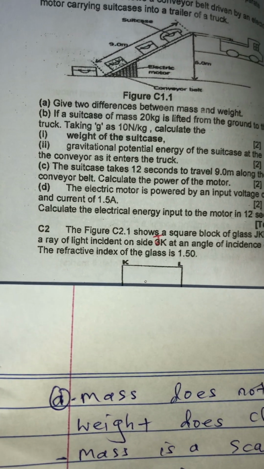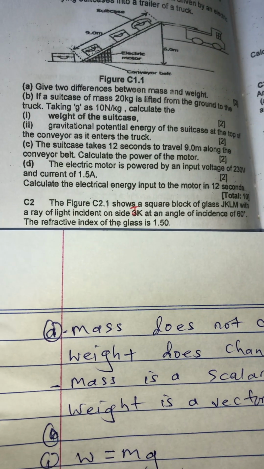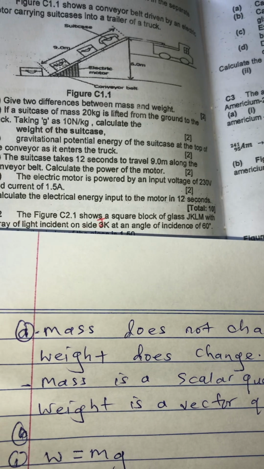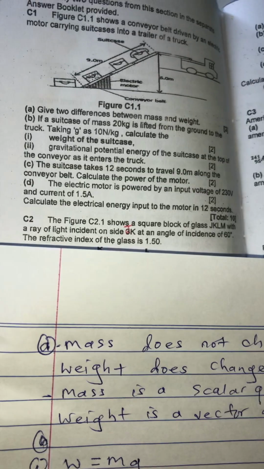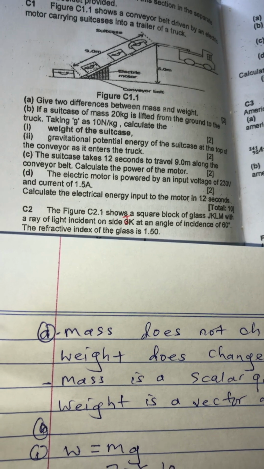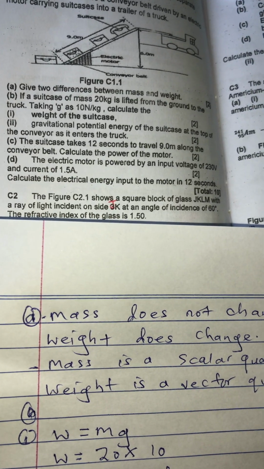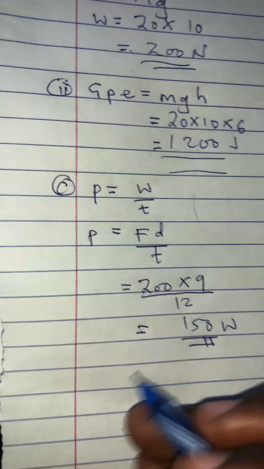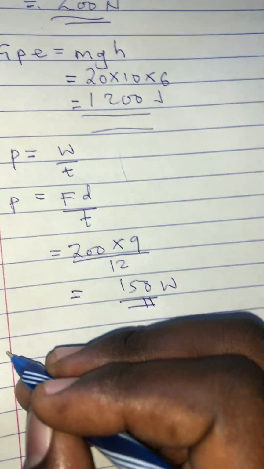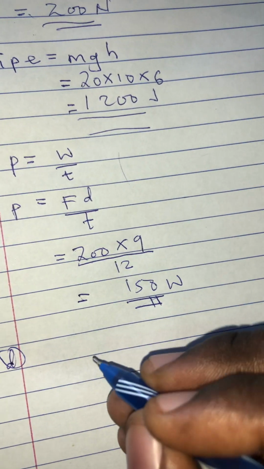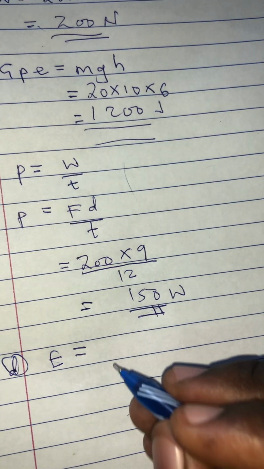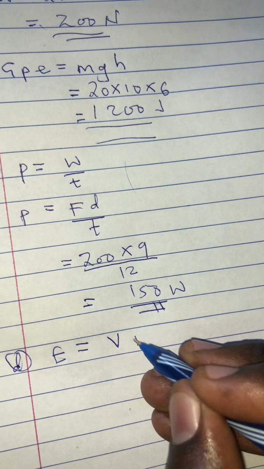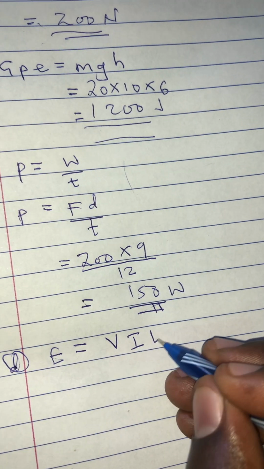Okay, on D, they're saying the electric motor is powered by an input voltage of 230 volts and current of 1.5 amps. Calculate the electrical energy input to the motor in 12 seconds. Okay, so let's move on to D. They want us to calculate for electrical energy. What is energy? We know that energy is equal to VIT.